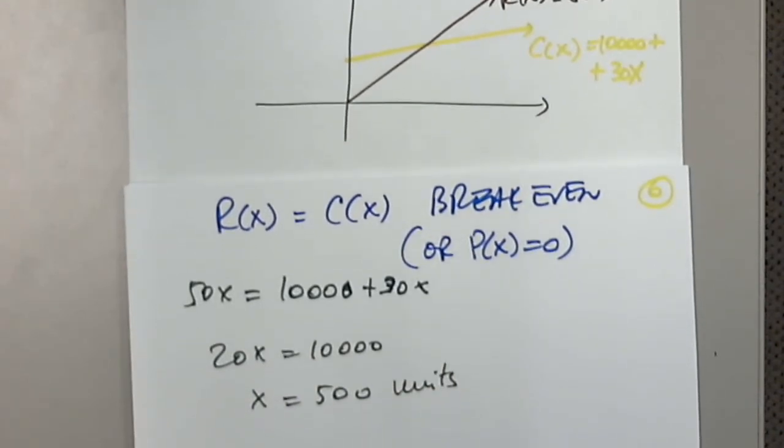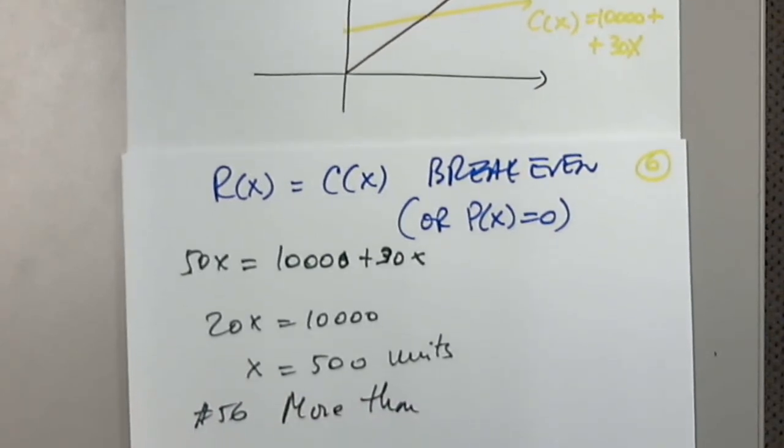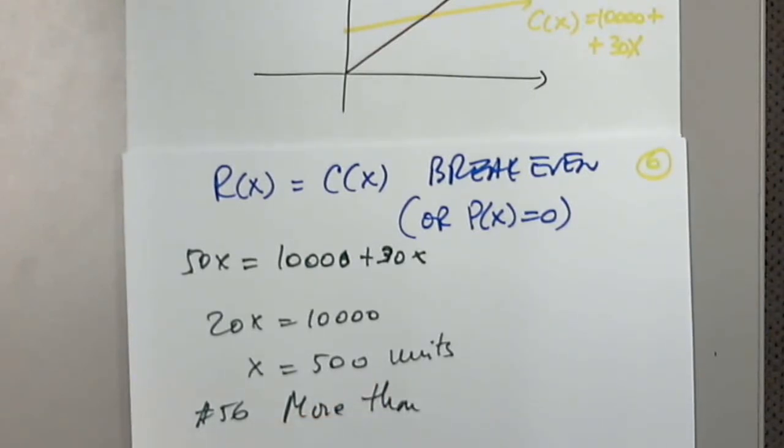Problem 56. More than how many radios must be produced and sold for the company to have a profit? More than how many? One, that's for sure. No, because they break even at 500. Well, technically, that's more than 1. I'm just being facetious right now. Okay, so more than what?